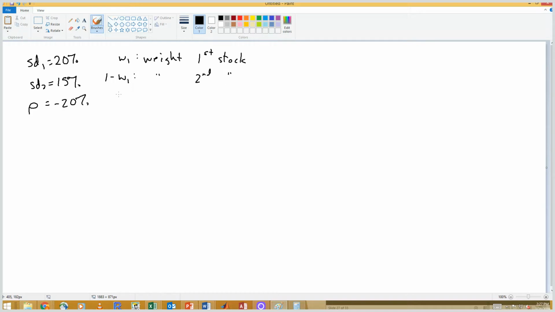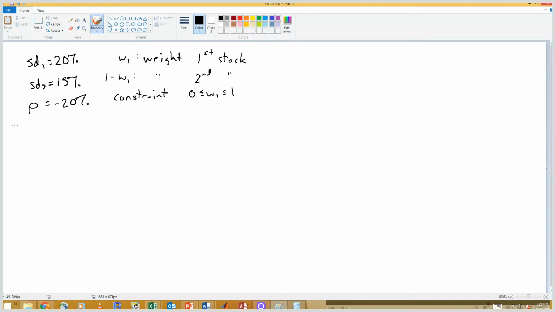And the constraint, if we so choose to have it, is 0 is less than or equal to W1 is less than or equal to 1. And that will make sure that neither stock has a negative weight, meaning that one of the stocks we would short. Okay, so we want to minimize the variance.